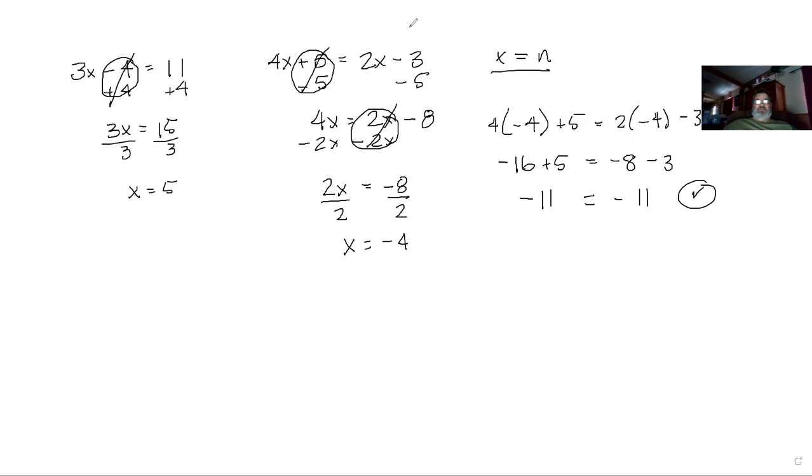So another way we could think about this, when I'm working with my students, I talk about this game or this idea. I call it the nightclub game. So if we had, I'm going to make one up here, 5x plus 2 equals 7x minus 3.